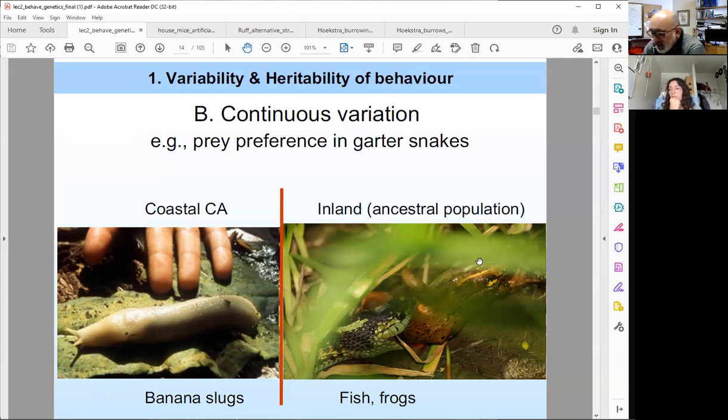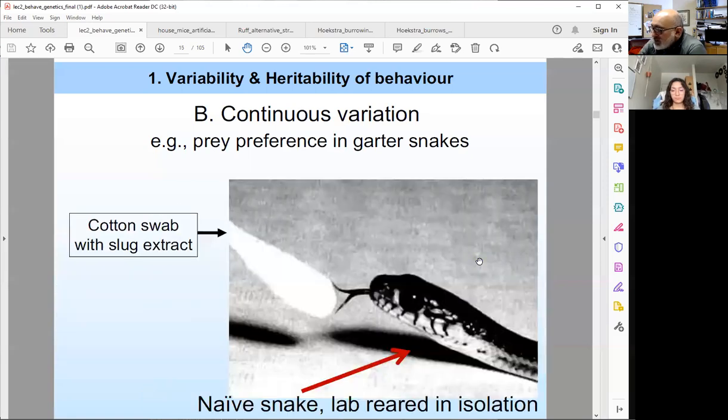And so we can ask questions about prey preference in these garter snakes, and ask about variation and heritability of that. And here, this is an experiment that was performed with these snakes.